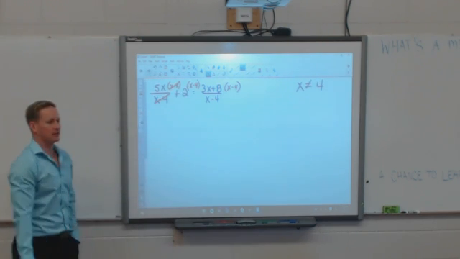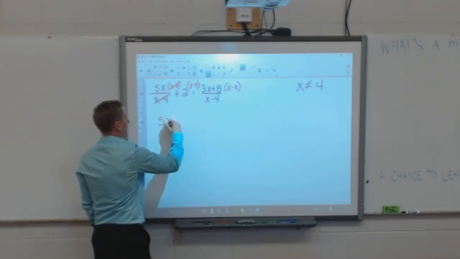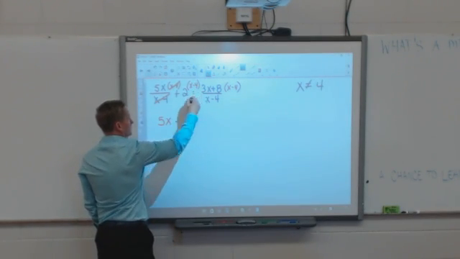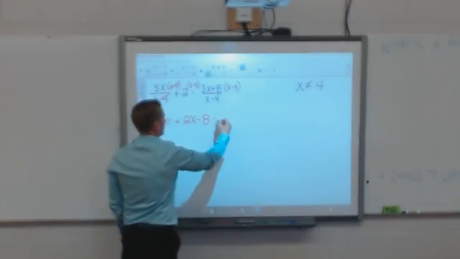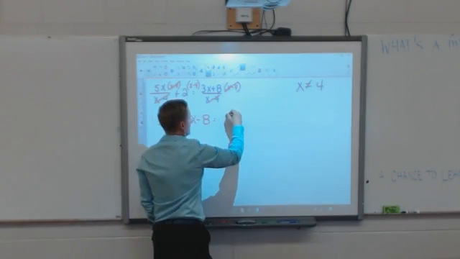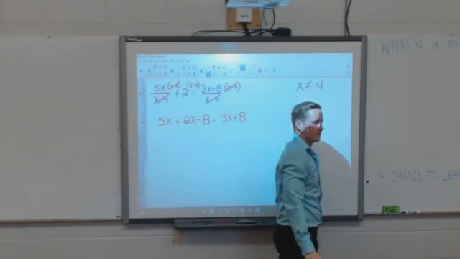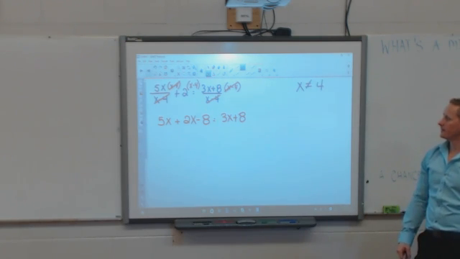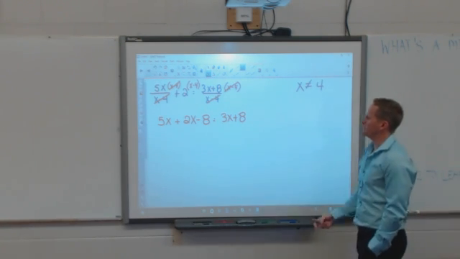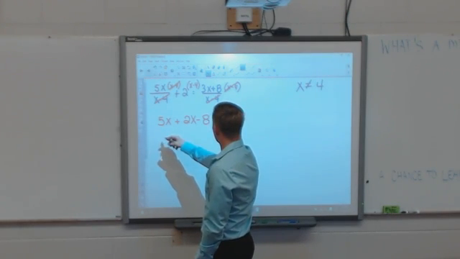That cancels. What does it leave me with? 5x. 2 times that is 2x minus 8. And that cancels and leaves me with 3x plus 8. Everything to one side. So that's, move that 3x over.